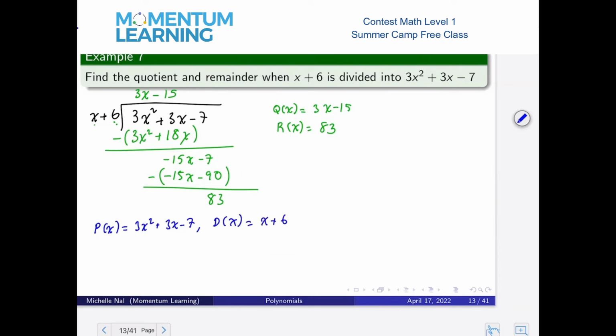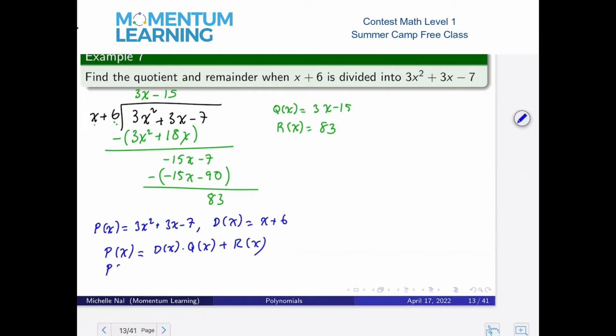Now, remember, in the division algorithm, the number you are dividing, I think it's the dividend, right, is equal to the divisor times the quotient plus the remainder, right? Remember what we said? We are dividing by a linear polynomial, so your remainder is going to be a constant. Okay, keep that in mind.